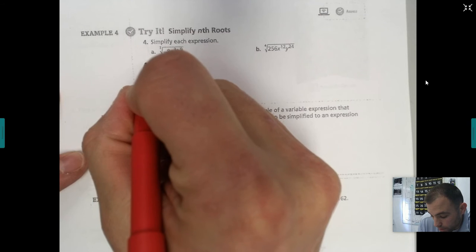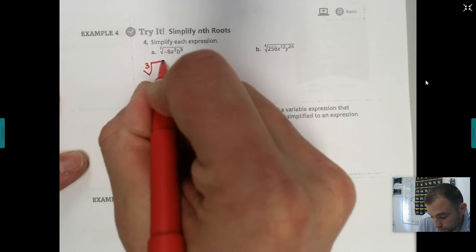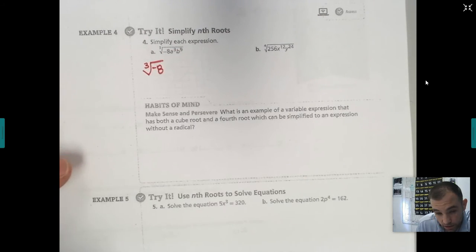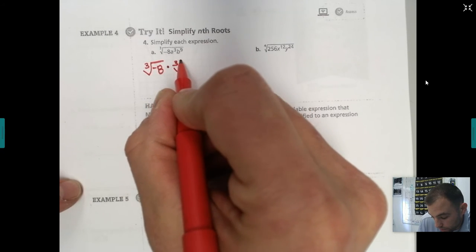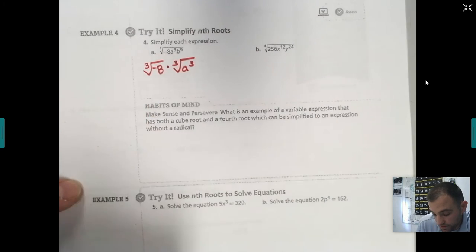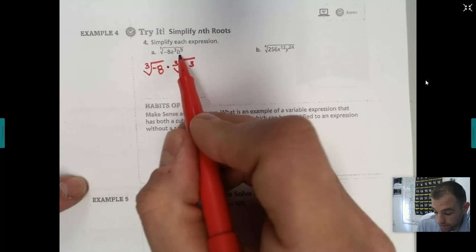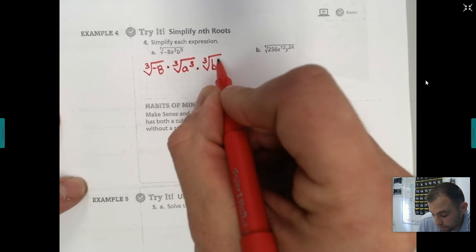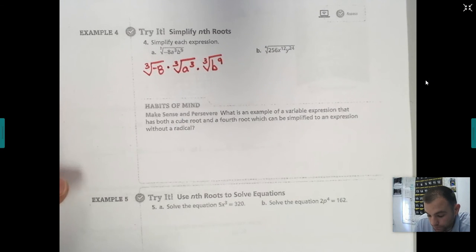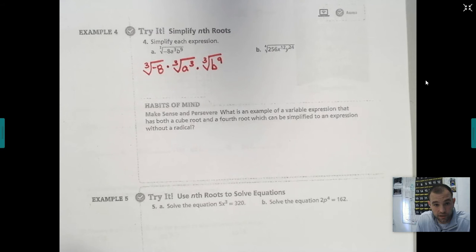So I'm going to take the cube root of negative 8, that's one piece, times the cube root of a to the 3rd, that's the second piece, and then times the cube root of b to the 9th. Right, so I'm going to split it up into those 3 pieces.